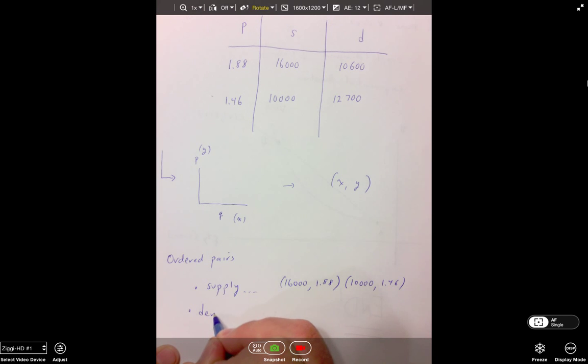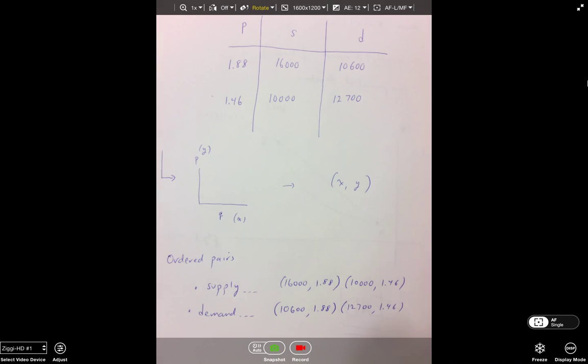For the demand, we have 10,600, $1.88, and 12,700, $1.46.